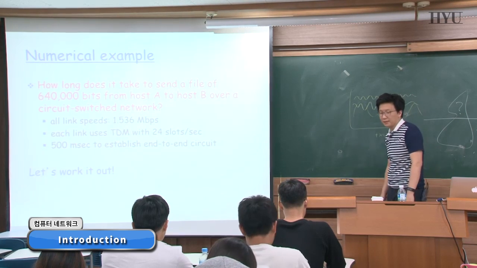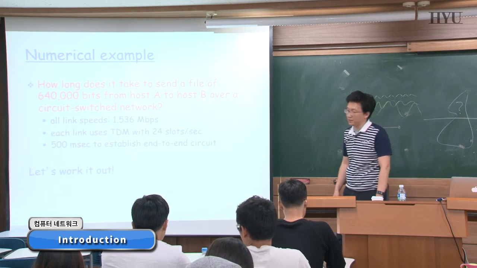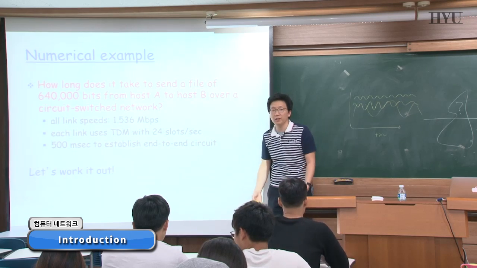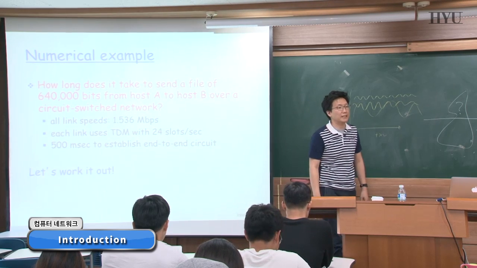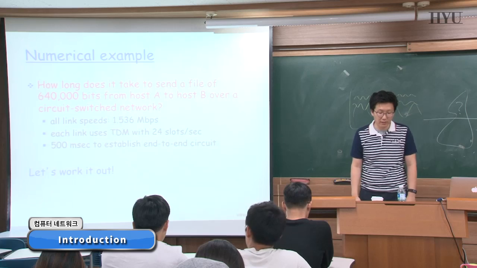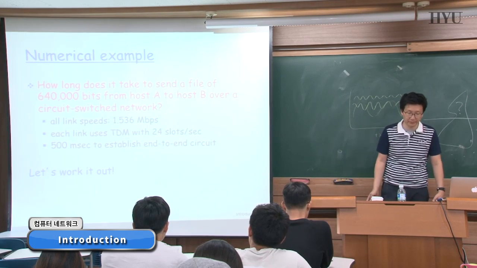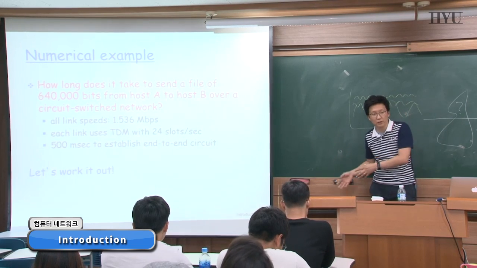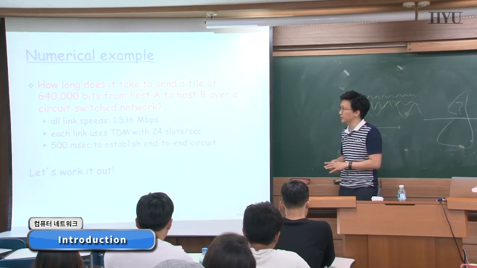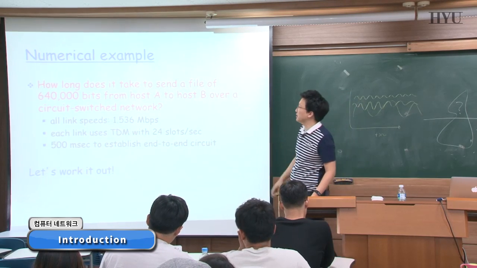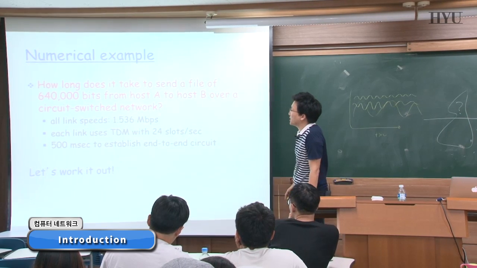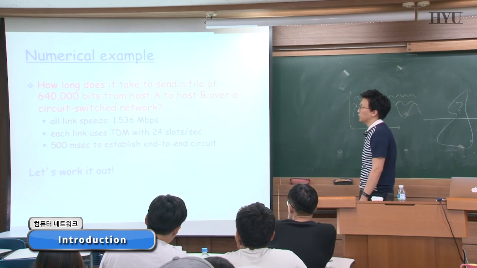So the question comes, if we're using a circuit switching network, and let's say you're going to use a TDM approach to send the data from one location to the other, how long does it take to send a file of 640,000 bits from host A to host B over a circuit switched network?